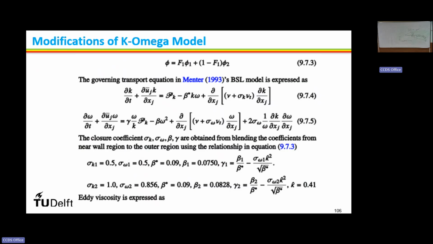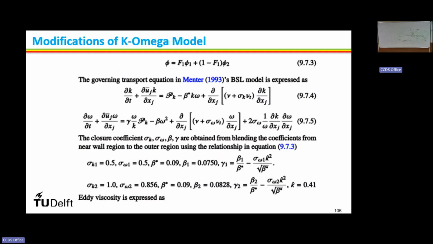parameter. What is the parameter value supposed to be at the wall? What is the parameter value supposed to be away from the wall? If it is near the wall, it will take more value from sigma k1. Suppose in the phi, this phi is a generic variable. This may be sigma k, this may be beta 1, this may be gamma 1, this may be sigma w1.